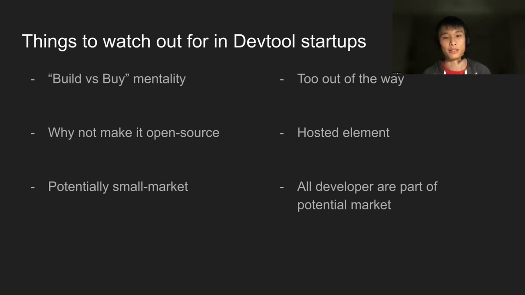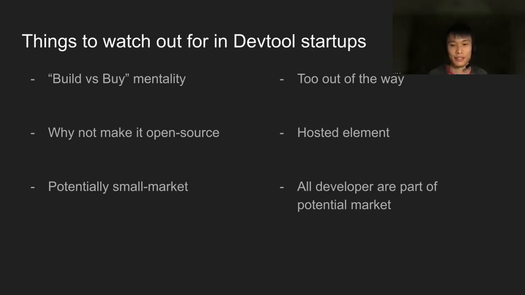When you have a hosted element to it, open source developers tend not to like it, because sure, open source developers enjoy writing the code, or building something new and cool, but they don't like to go through the pain of waking up at 10, 12 a.m. in the morning to bug fix something and get the server back rolling again. It's just too much of a commitment to do for free. So oftentimes when you have a hosted element to it, it will actually make your dev tool startup easier to sell.